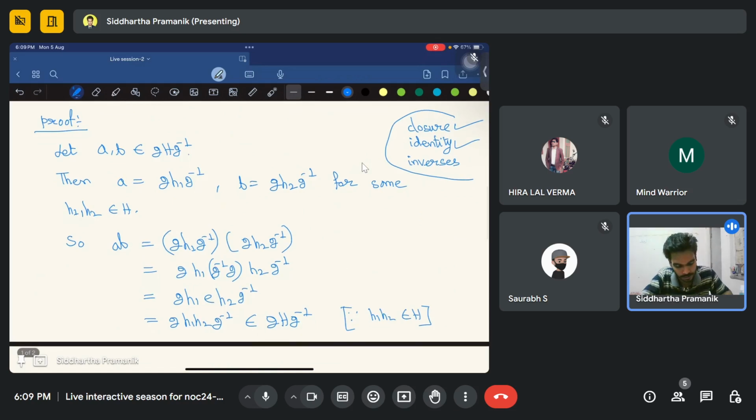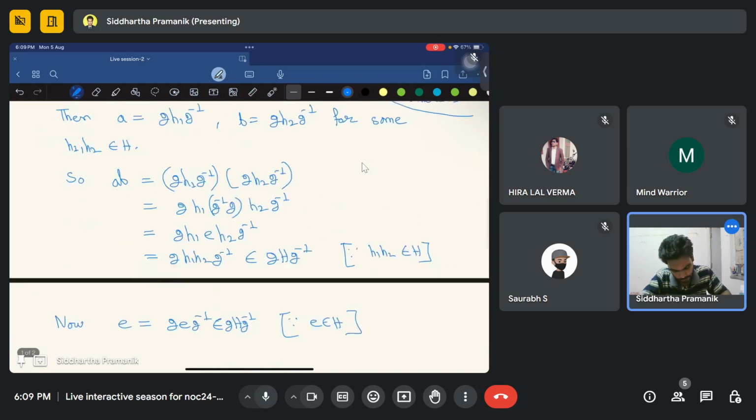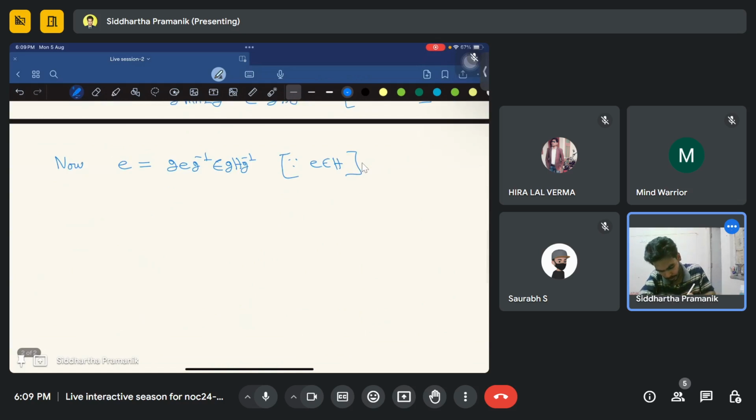Now let's check the third one, which is inverses. Suppose a is g h g inverse, an arbitrary element of the set gHg inverse. We need to prove a inverse also lies in this set, right?